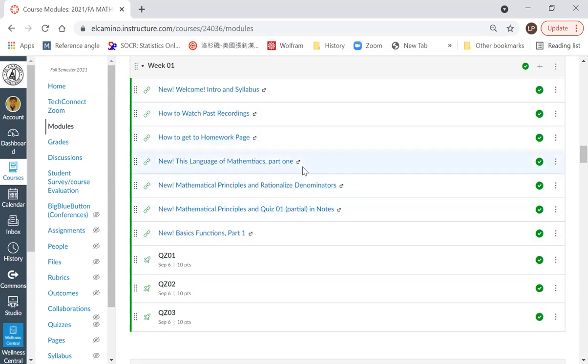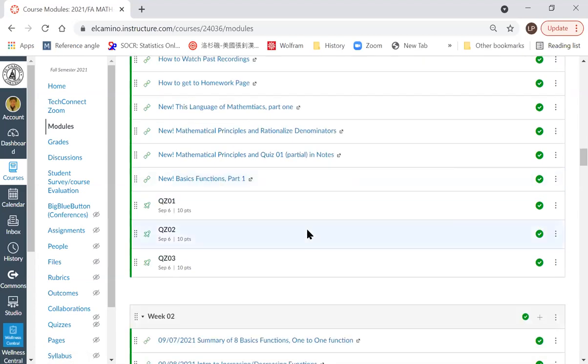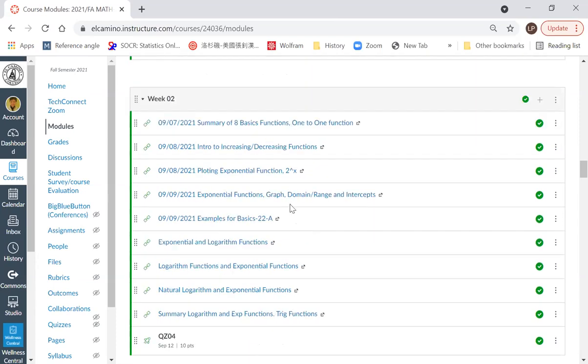I try to put those titles, for example, the language of mathematics, mathematical principles, basic functions. You can see we started to cover basic functions in the first week. So we actually covered 7 weeks. And these are titled summary of the 8 basic functions, so from the table, the first 8 we covered.